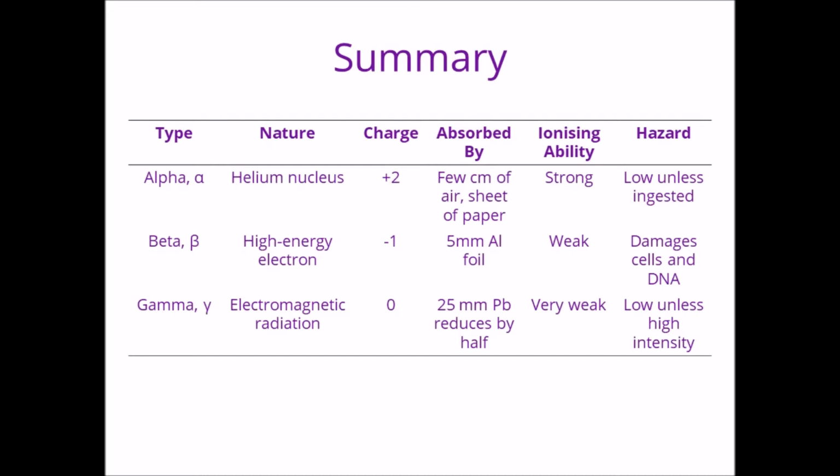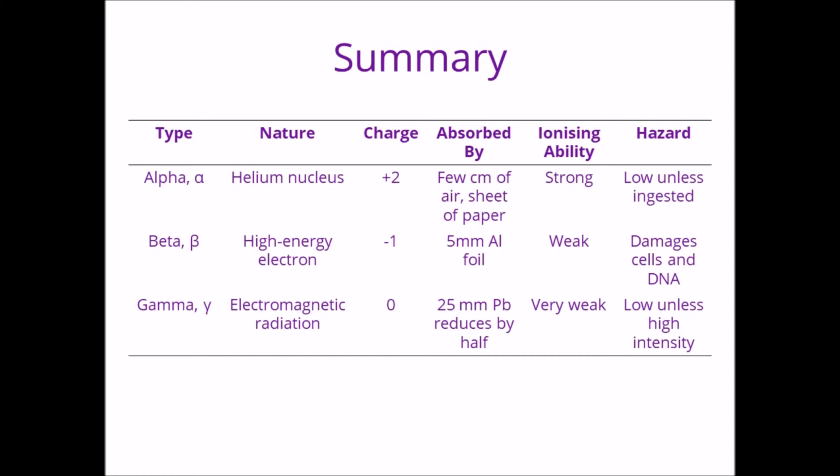A beta particle is an electron, so negatively charged. And a gamma ray has no charge because it is electromagnetic radiation. As we can see, gamma rays are the most penetrating, followed by beta particles, followed by alpha particles. Although in terms of ionizing ability, alpha particles are the strongest, with beta being relatively weak and gamma very weak.